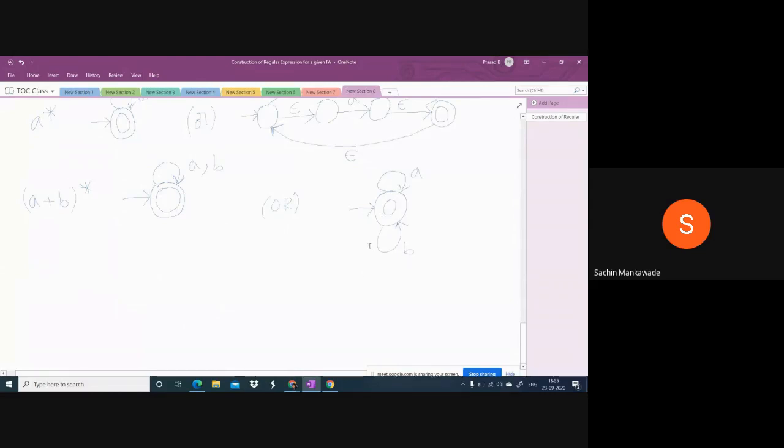Suppose any combination of A and B: sometimes A's, sometimes B's, again A's, again B's. It will be the same as this one. Both are the same. If it is given as an essay question for more marks in your semester, draw the diagram like this.